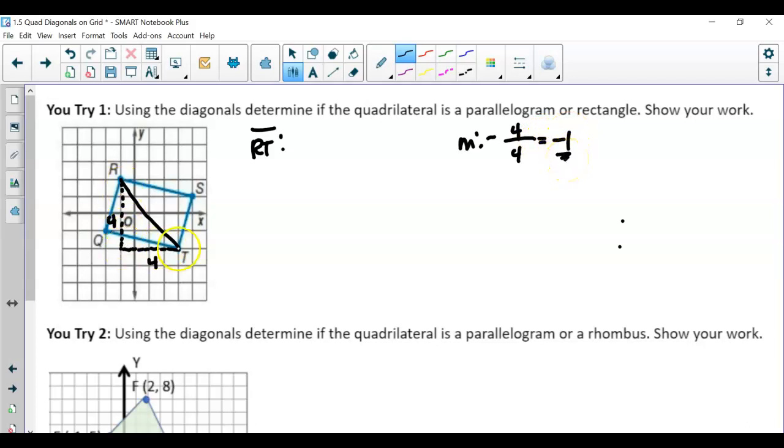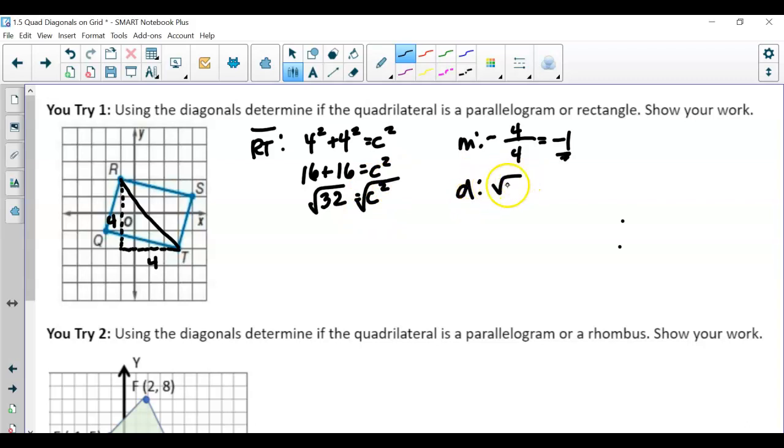Then here, same with your sides to use to find the distance. So 4 squared plus 4 squared is equal to c squared. So here you should have gotten 16 plus 16, which gives you 32, but in the end, radical 32. So the distance is radical 32. So then here now to find SQ.